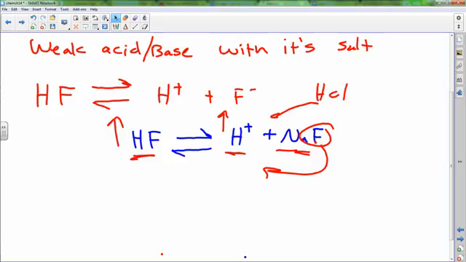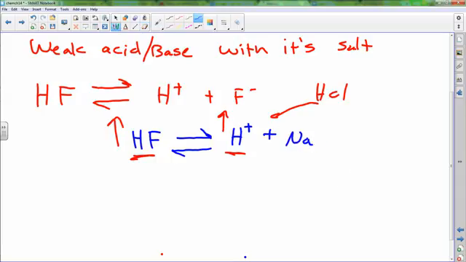The point of a buffer is to be able to have a solution where an acid or a base is put in and the pH doesn't change very much. We can also think about what would happen if we put a base into the solution. Erase this here. Rewrite our NaF. So let's say we put in a base like magnesium hydroxide.